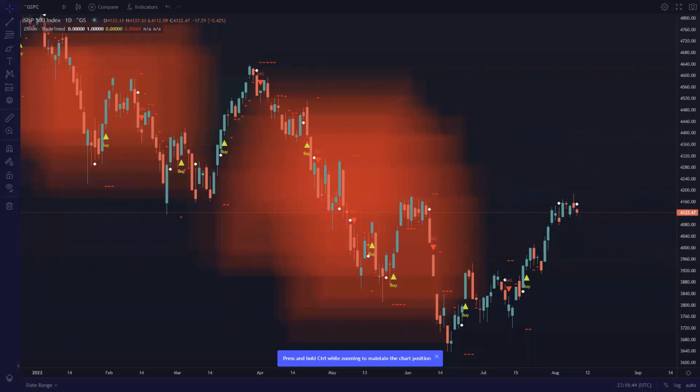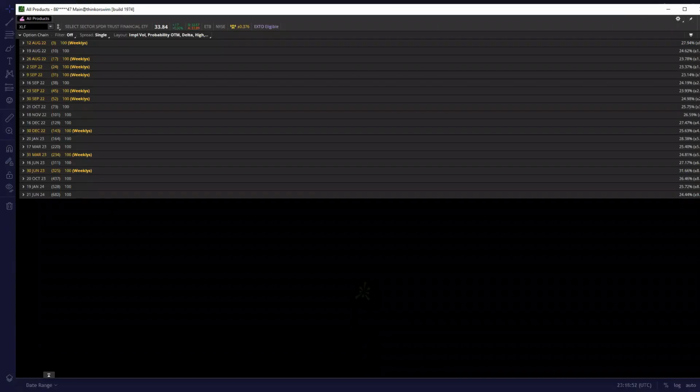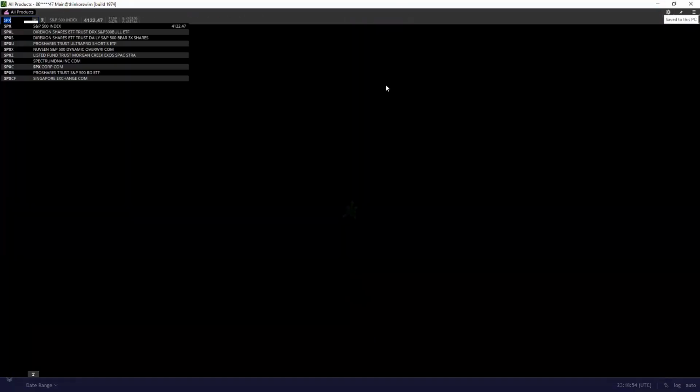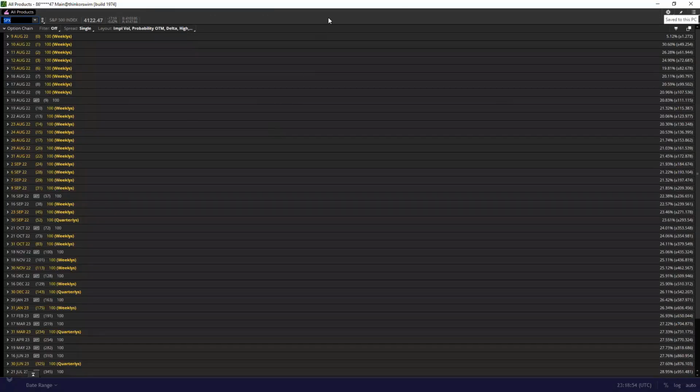So let's see what the probability of touching 4,100 this week is on the S&P. Let me get my options chain up here. I'm just going to type in SPX, and you can run this exercise for any security that has options that trade on it.